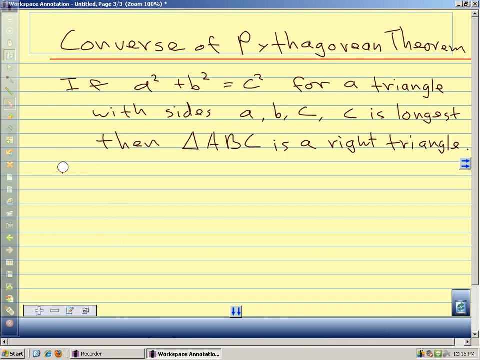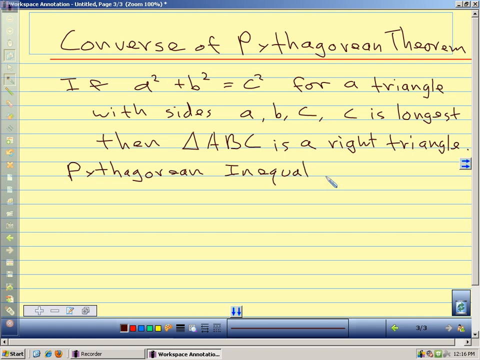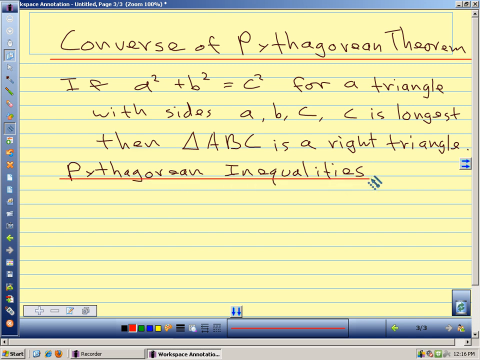And we also want to talk about the Pythagorean inequalities. The Pythagorean inequalities tell us if we don't have a right triangle, what kind of triangle do we have? Acute or obtuse? So we have three possibilities now.